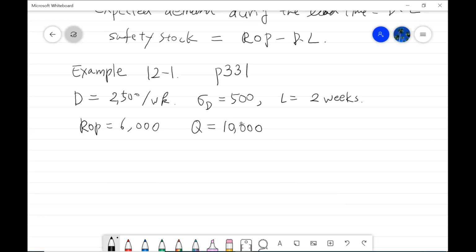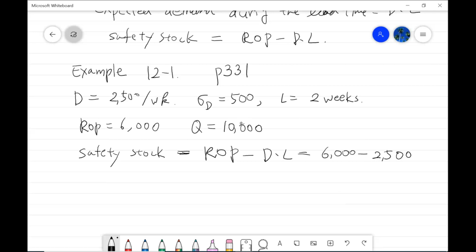What happens here is that the safety stock amount is, according to the formula I already gave you, the reorder point minus D multiplied by the average demand during the lead time. That is 6,000 minus 2,500 multiplied by 2, which is 1,000.